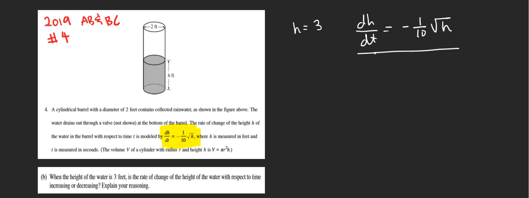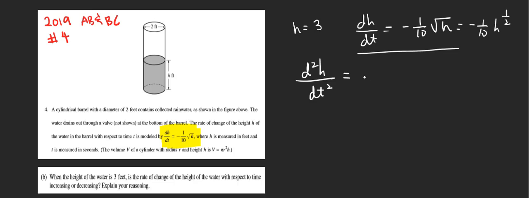In order to find out whether dh over dt is increasing or decreasing, we need to find the derivative of dh over dt, which is this. When you take the derivative, I want to rewrite it as negative 1 over 10 h to the 1 half.